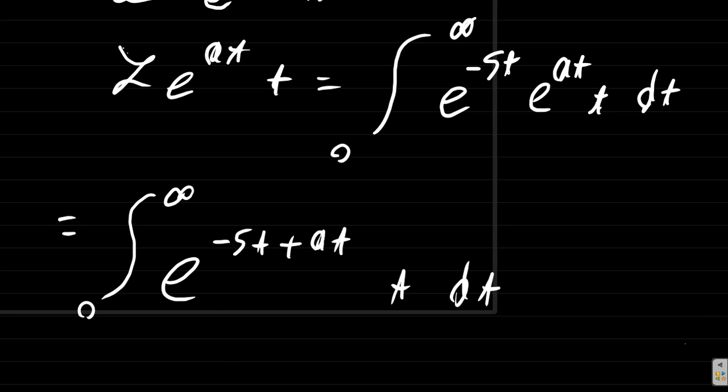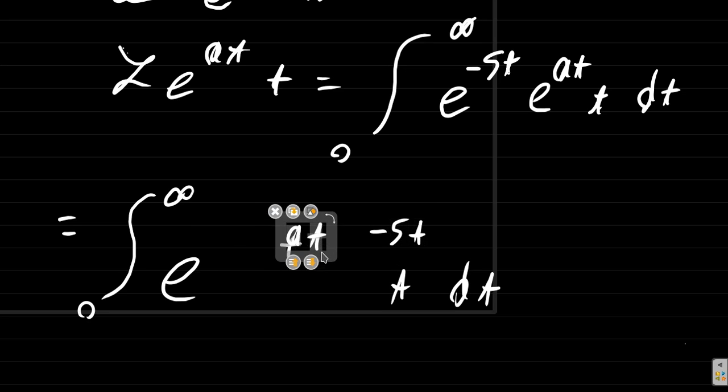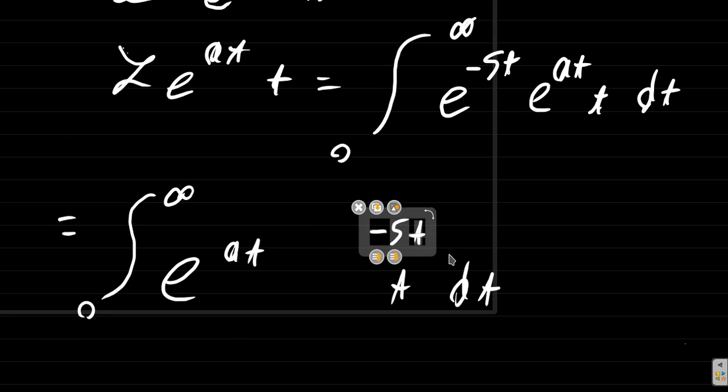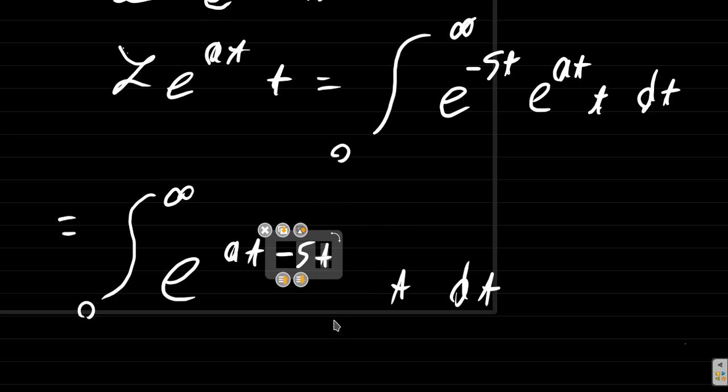Suppose we move the at to the left and the negative st to the right, so that's what we have there.